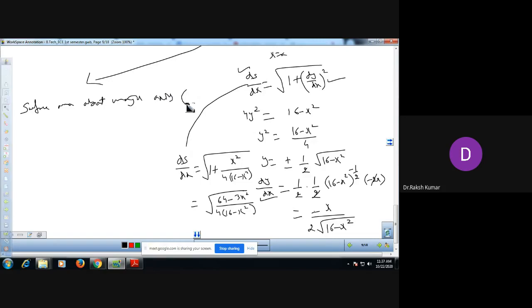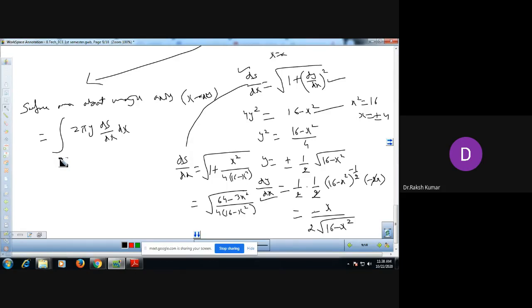On the axis y is always 0, so x square is equal to 16, x equals plus minus 4.